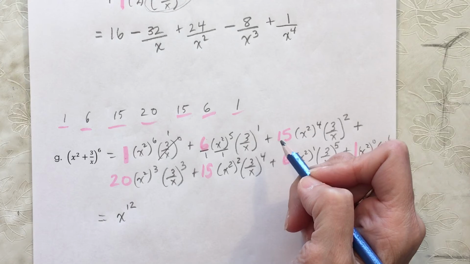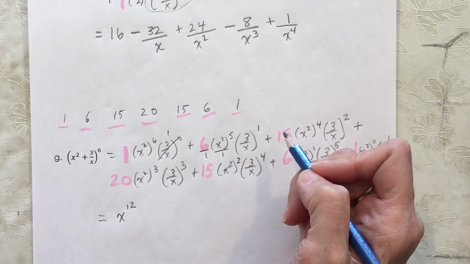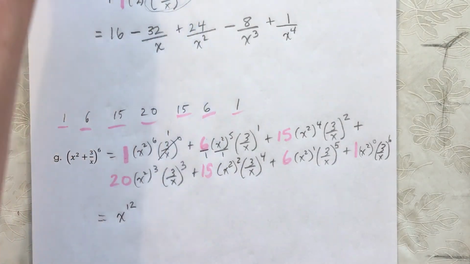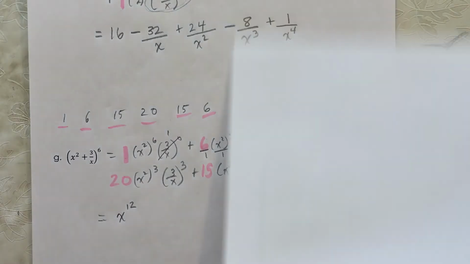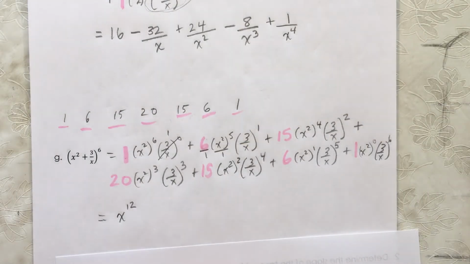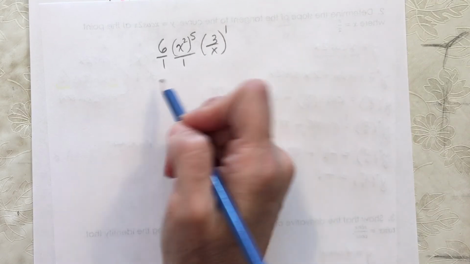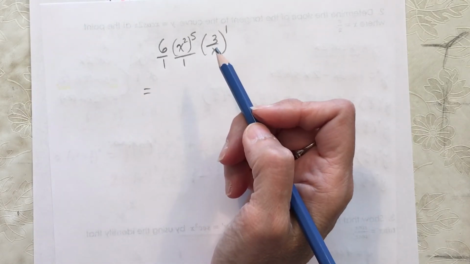All right, so if we look at this second one here, get a piece of paper to write this out on, the second term here, 6x squared to the 5th, 3 over x to the 1. So if we just look at this, how are we going to get our number part, or our coefficient?